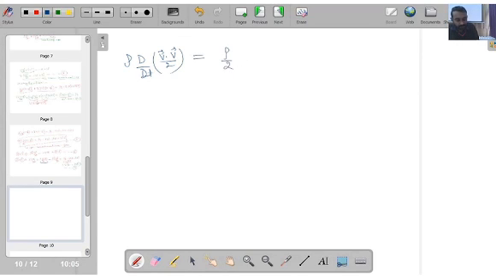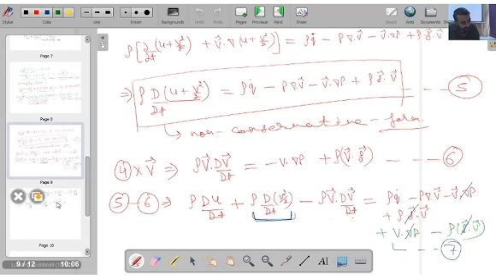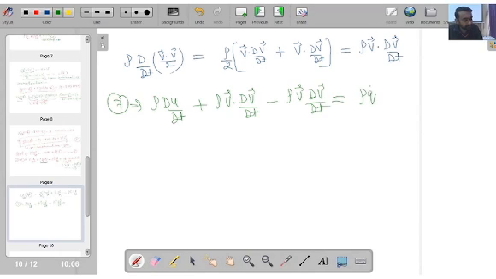So I get rho by 2 into the derivative of v dot v, which gives 2 times rho v vector dot dv vector by dt, so the 2 cancels. Now equation 7 has first term rho du by dt, second term rho v vector dot dv vector by dt, minus rho v vector dot dv vector by dt, and on the right hand side rho q dot minus p into divergence of v vector.